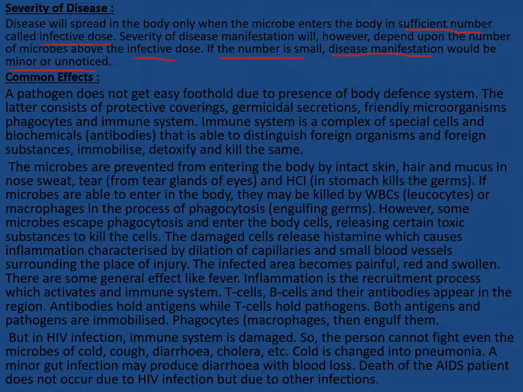The immune system is a complex. Copy down this part. The immune system is a complex of special cells and biochemicals known as antibodies, able to distinguish foreign organisms and foreign substances, and to immobilize, detoxify and kill them. These biochemical weapons, the antibodies, can easily distinguish a foreign particle, something new that can harm our body or is not present in our body.